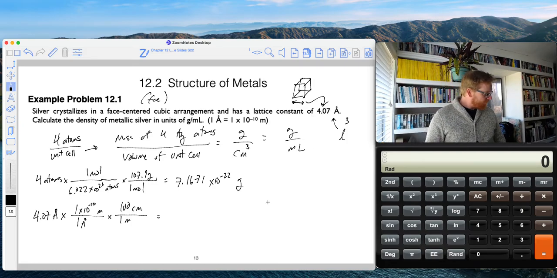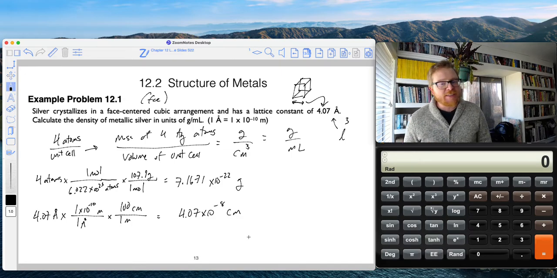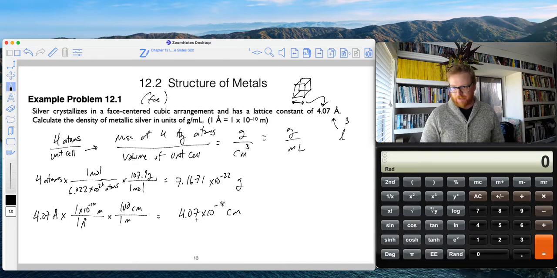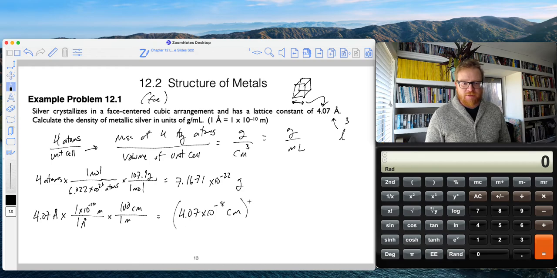When we do all of this, 1 times 10 to the minus 10 times 100 is the same as 1 times 10 to the minus 8. So directly, this is 4.07 times 10 to the minus 8 centimeters. If you don't see that in your head, use the calculator and convince yourself you know how to get here. Now all I need to do is cube it.